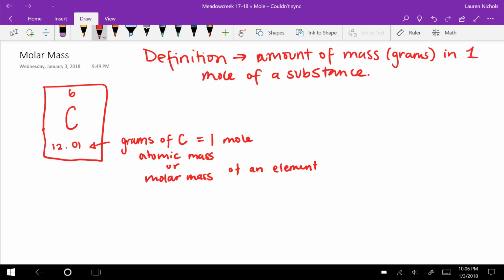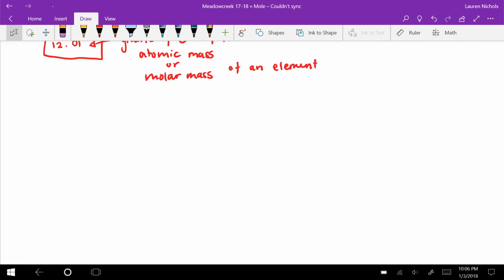We know that most of the world is not just single elements, it's those elements combined together to make different compounds. So when we're talking about the molar mass of a compound, that is going to be just a little bit different, but the math is not super complicated.